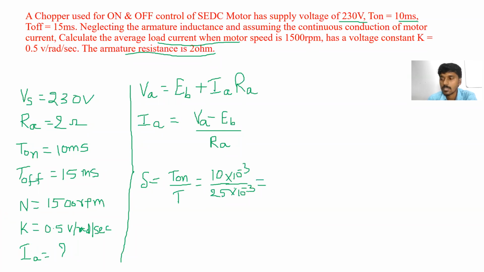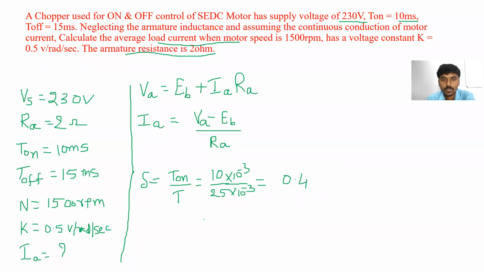So can you tell this value? I think I got 0.4 here. Is it right? Yes, sir. Okay. So from this equation, we got the value of duty cycle 0.4.